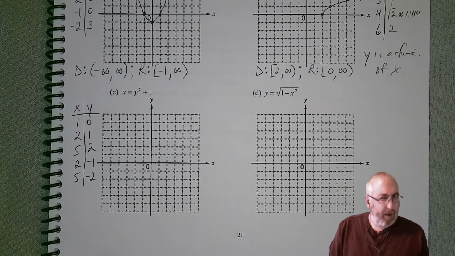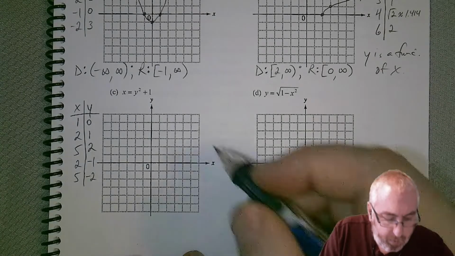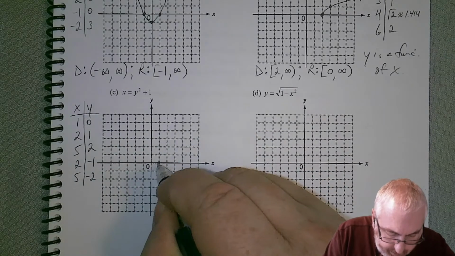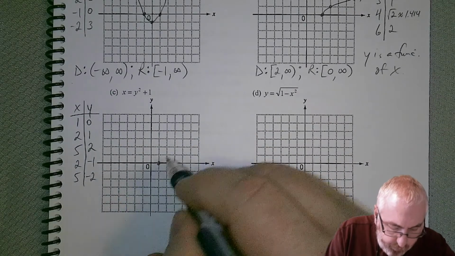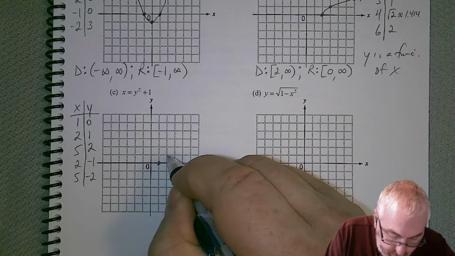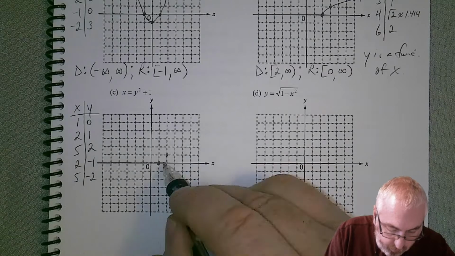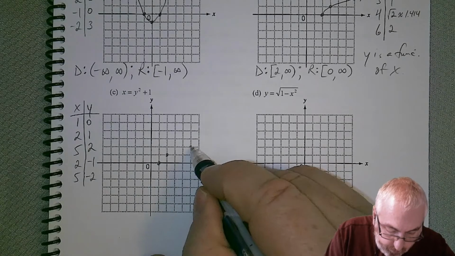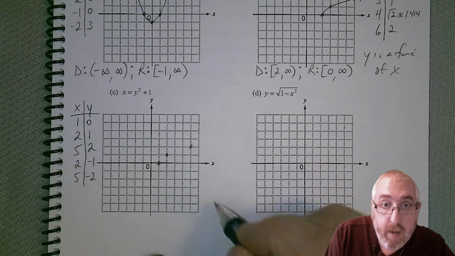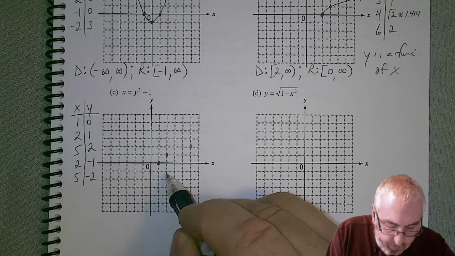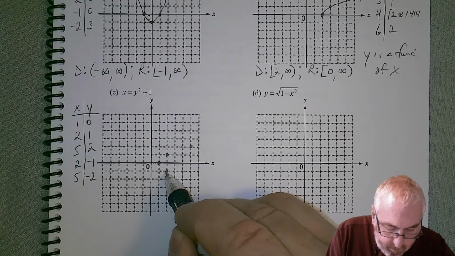So a little different. Let's plot our points. 1, 0 would be right there. 2, 1 is right there. 5, 2 is there. Okay. 2, negative 1, so over 2 down 1 puts a point here.